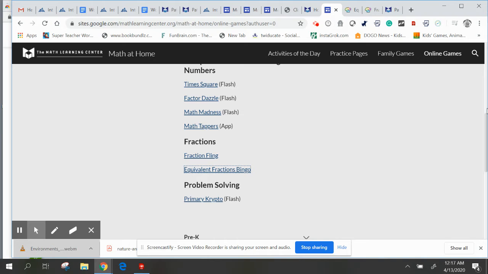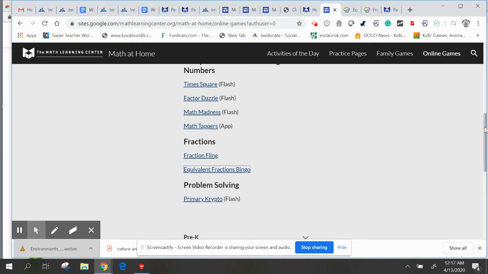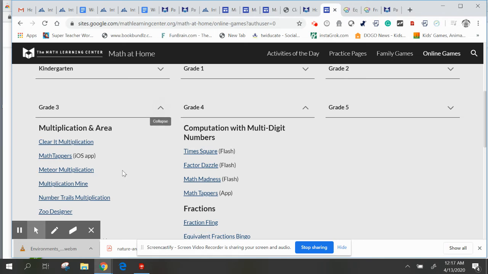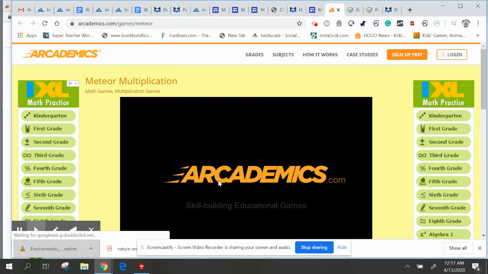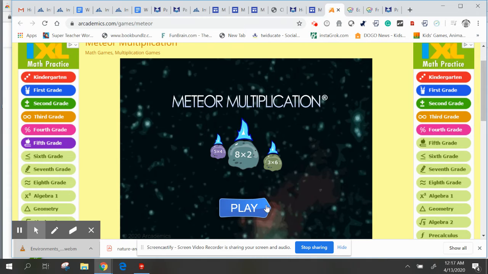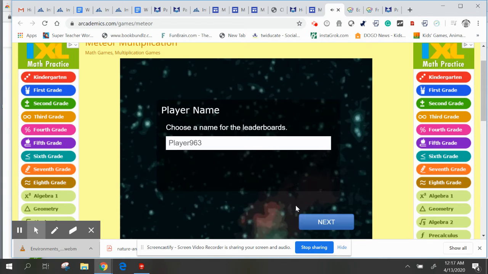Okay, now I noticed that over here in 3rd grade, there's this Meteor Multiplication. I thought this one was pretty fun too. And I mean, come on, it's always good to know those multiplication facts quickly, right?